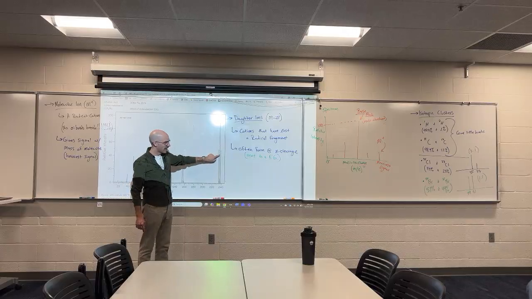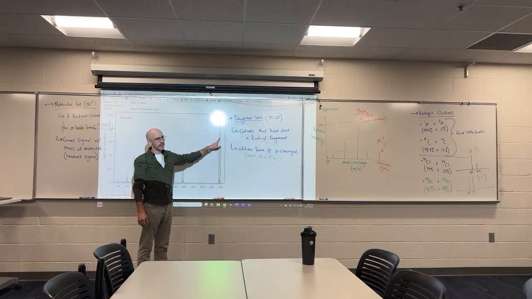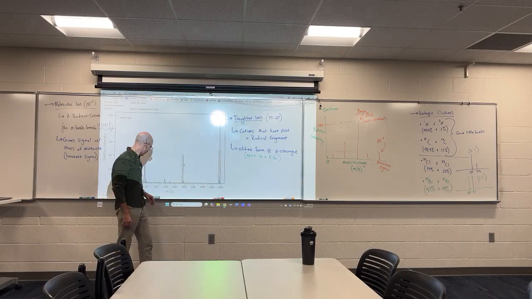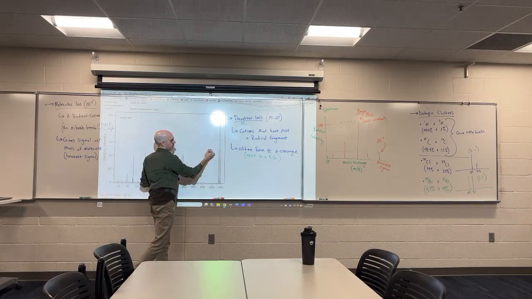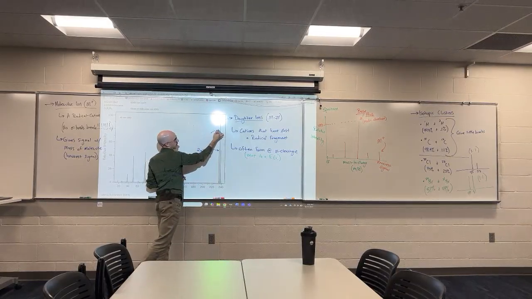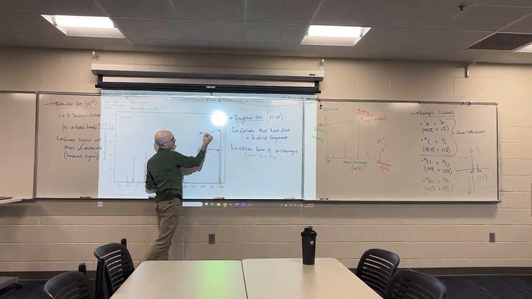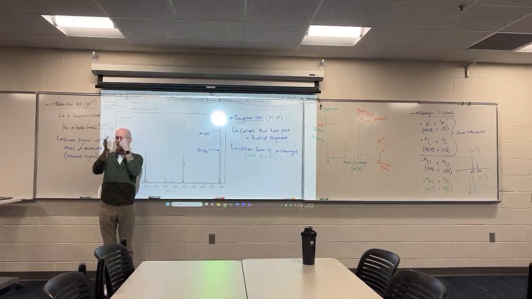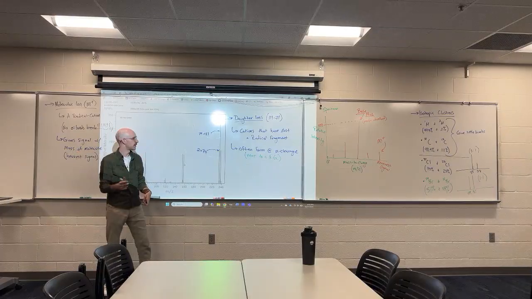But this, you know what? I think I misspoke. This is a cluster of fragments that have both bromines. This is if you have two 79s. This is if you have a 79 and an 81. Which one is 79, which one is 81, can swap, so there's actually twice as good of a chance that that happens.